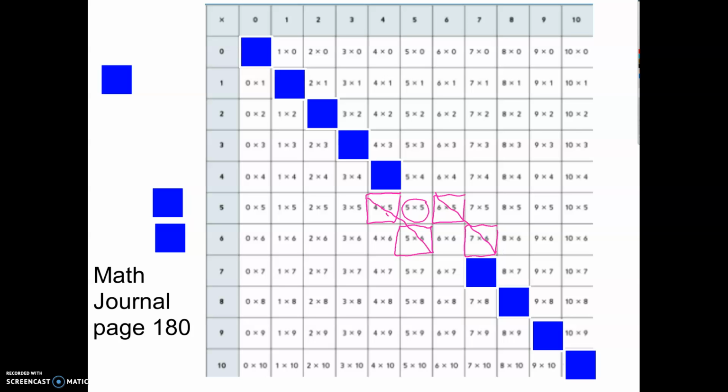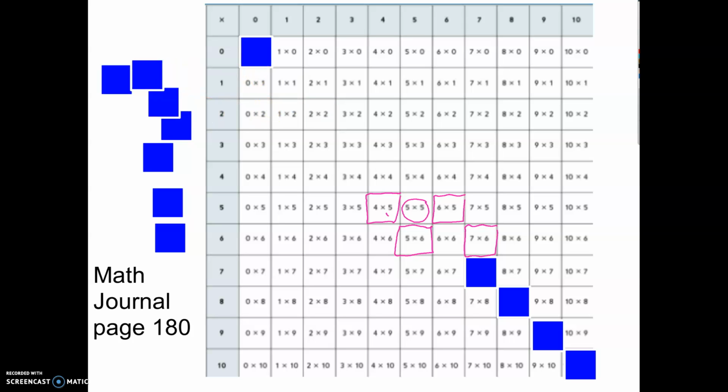All right, I'm just going to erase those. They form diagonal lines on either side of the diagonal square line that we made with our square numbers. So what I want you to do for the rest of your problems here that you shaded in, I want you to outline what we call the near squares.